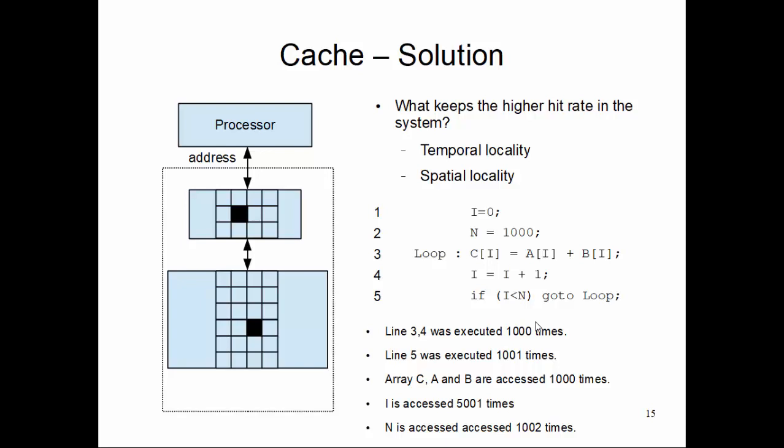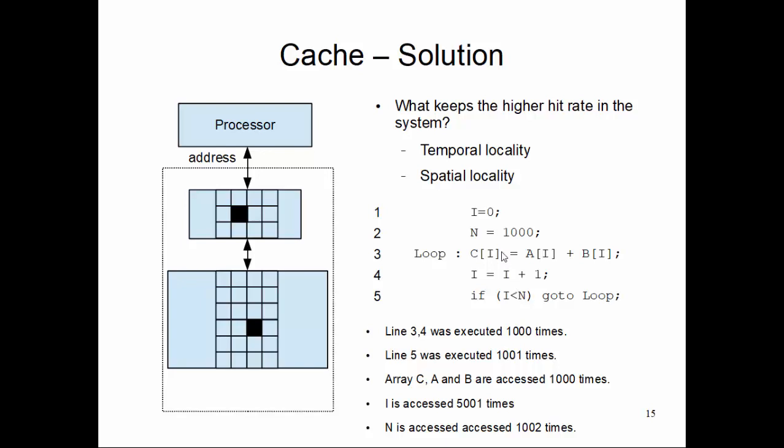So roughly, lines 3 and 4, and even line 5, are executed 1000 times. Line 5 is 1001 times, one more because on the last test, when going out of the loop, you still need to make that test.